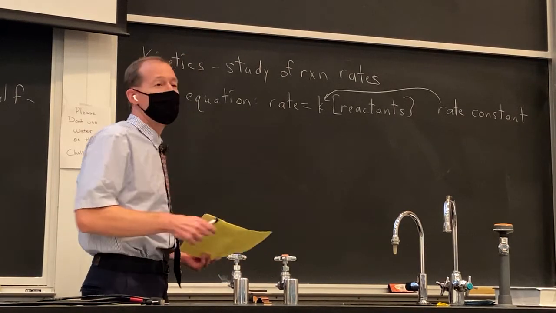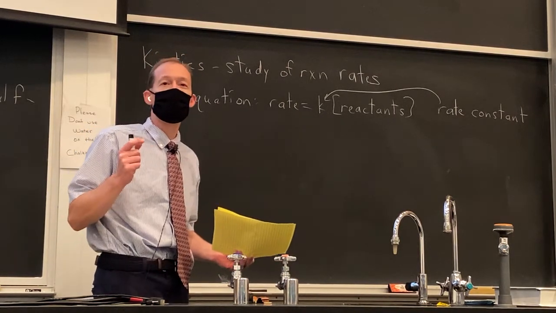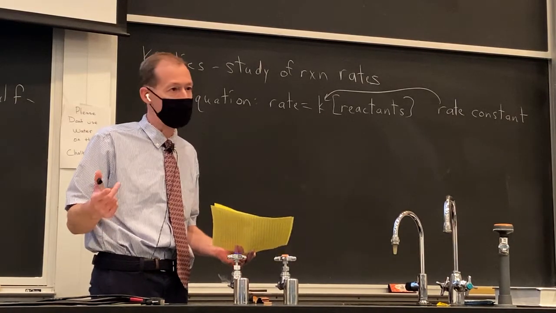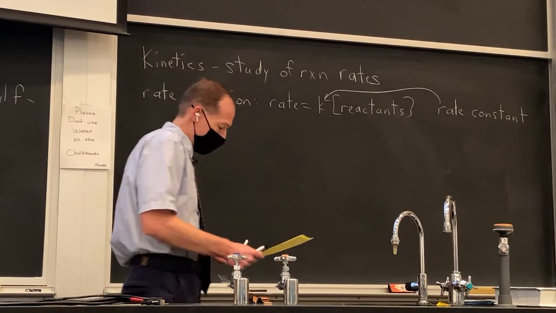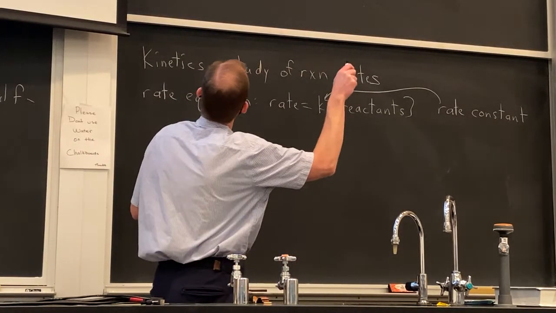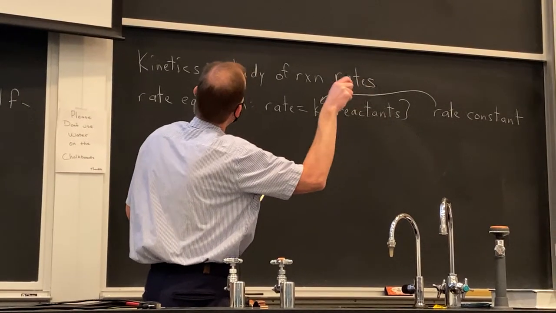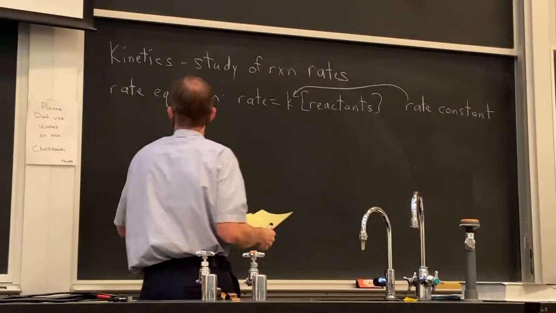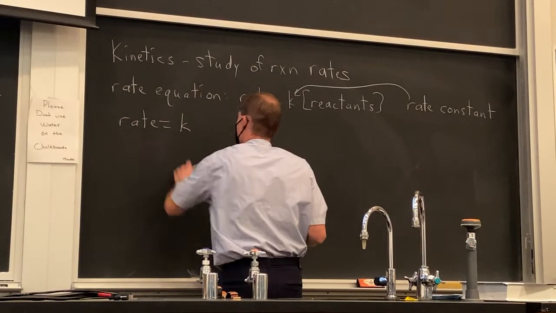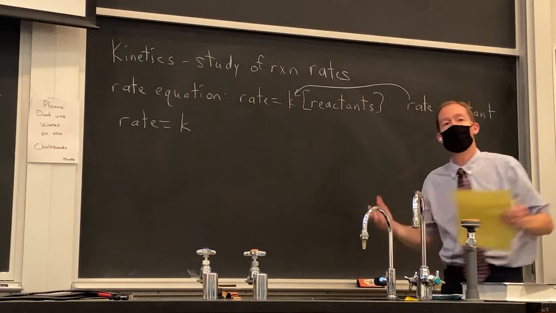But it's only the concentrations of the reactants that participate in the rate determining step that appear in the rate equation. So let's look at our first example, which is up on the top board now, our one-step reaction. And let's write a rate equation for that reaction. The rate is going to equal a constant times what?